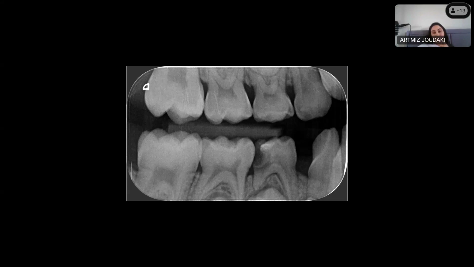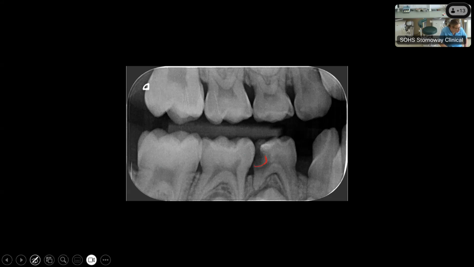Does anybody have anything else they want to say? I'll say RC6. Same. I would call that a 6. I see what you're saying, Artemis. There is a line there. However, I think there's probably a bit of enamel hanging on.